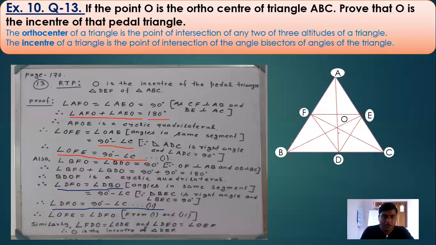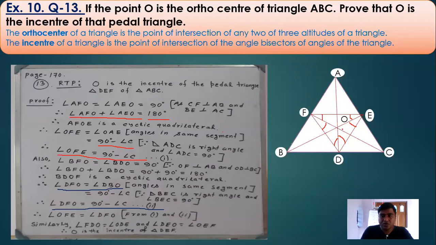So from equations 1 and 2, you can say that this angle equals this angle: angle OFE equals angle DFO. Similarly, we can prove that this angle equals this angle, and this angle equals this angle.